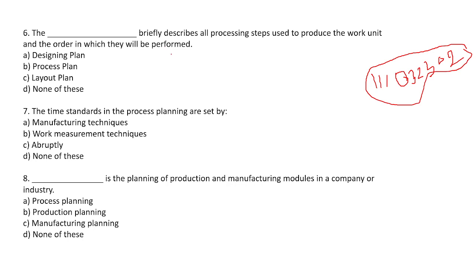Okay. So the next question is process planning. If we define process planning, then we can say it is determining the most appropriate manufacturing process and the sequence in which they should be performed to produce a given part or product specified by design engineers.